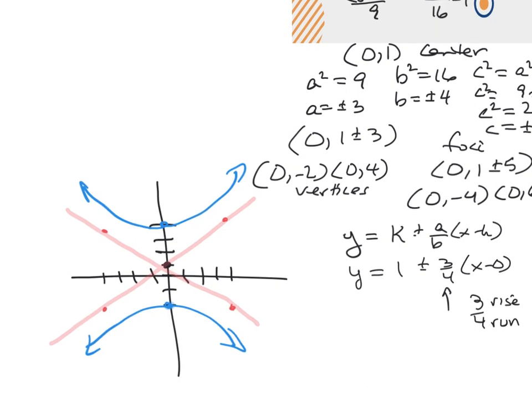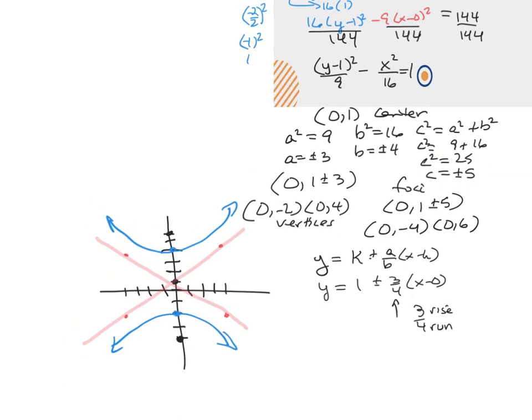And you had one at 0, -4, and 0, 6. 1, 2, 3, 4, 5, 6. I've got one here. 1, 2, 3, 4, and another one here. So that concludes the notes for section 4.4.